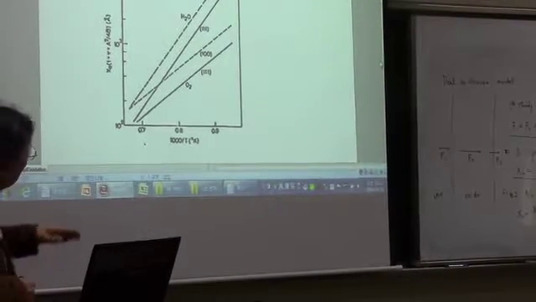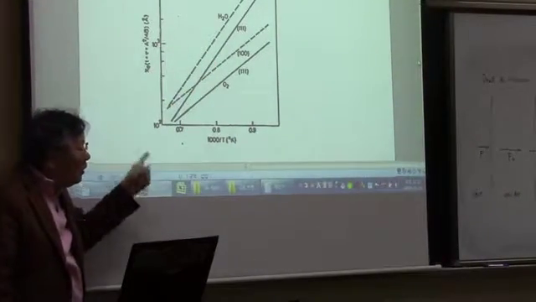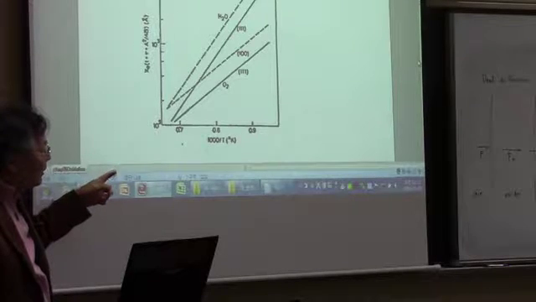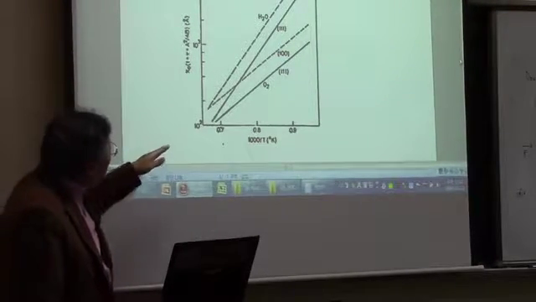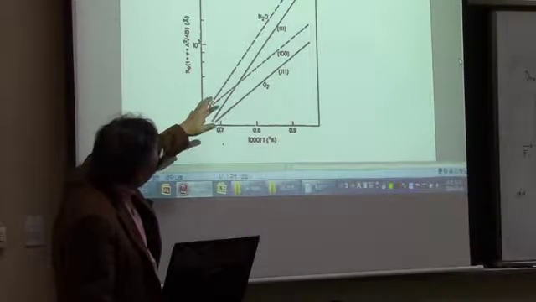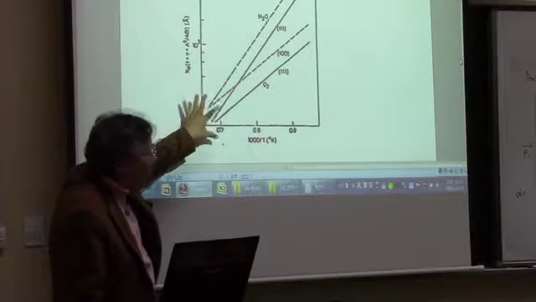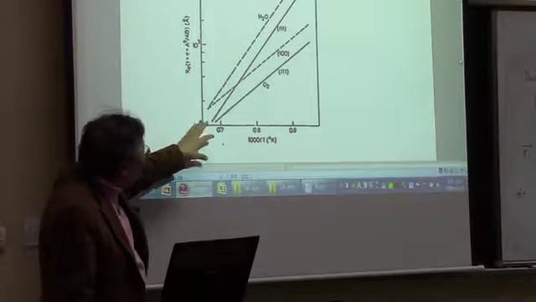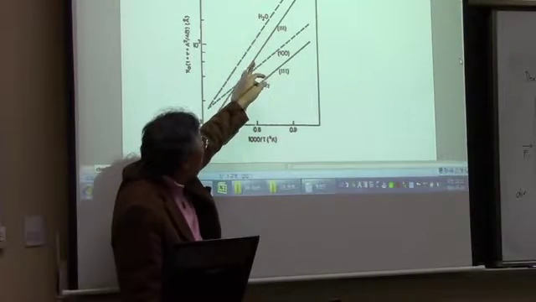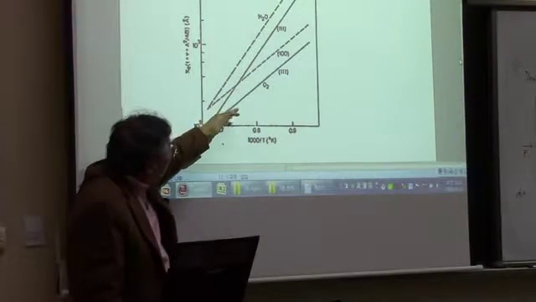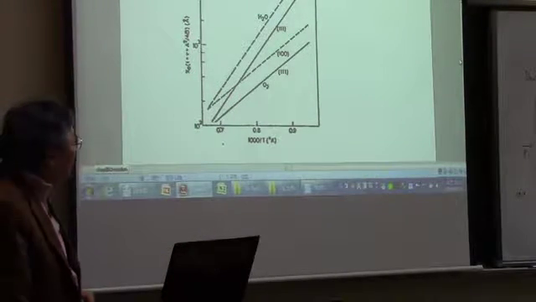So the slope here is related to the linear rate constant, and that linear rate constant is different along the crystallographic direction and the oxidation environment. One thing obvious is that when you have a dry oxidation compared to the wet oxidation, you're going to have a low linear rate constant.